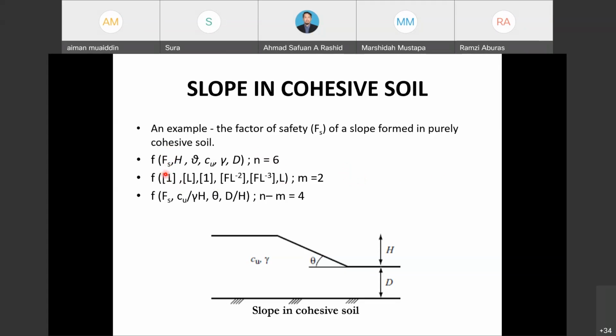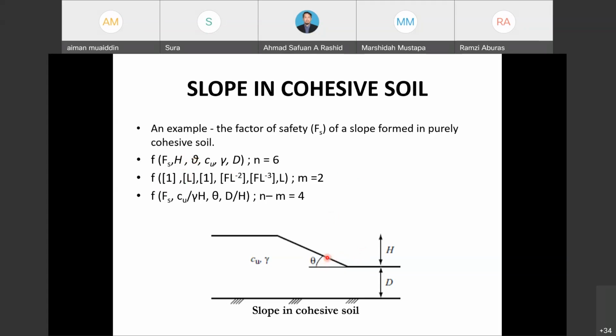In that case, we just put a 1. Then H, based on the FLT: L represents the height or geometry, so we put L for the primary dimension.